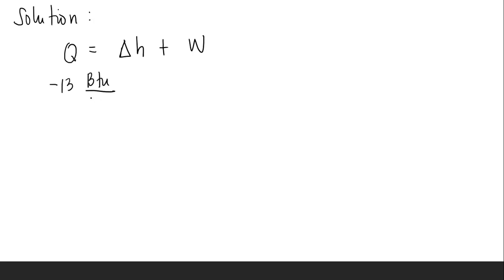Now, using the formula for the energy equation, remember, we're not going to use the potential energy and the kinetic energy. Instead, we're going to use only the heat is equal to change in enthalpy plus the work. Disregard all the other energy. Now the given heat is transferred, therefore that is negative 13 BTU per pound mass. Then your change in H, that is H2 minus H1, plus the work.